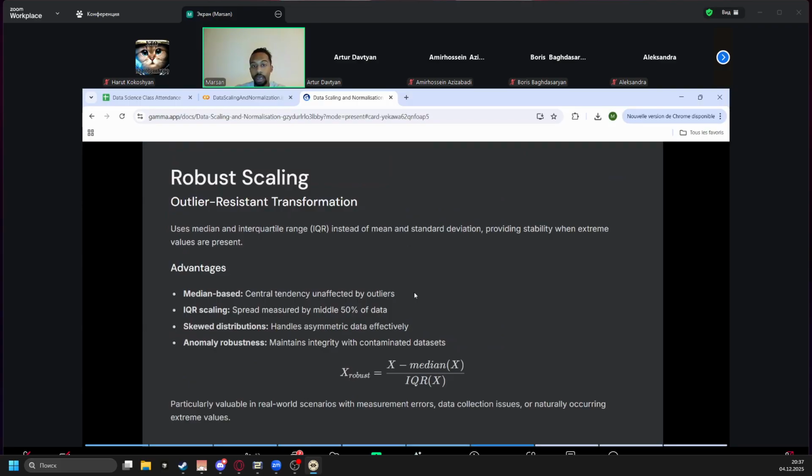As its name indicates, the benefit of this technique is that it's resistant to outliers, and it's the best choice when data contains extreme values. In the formula, as we can see, it involves the median and the interquartile range, two indicators which are not impacted by the outliers.